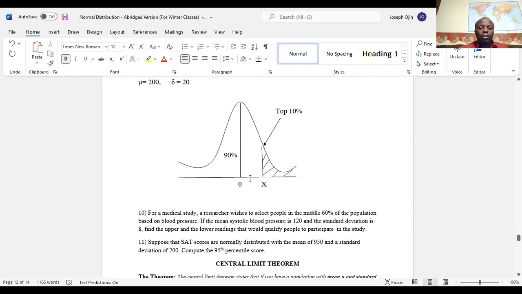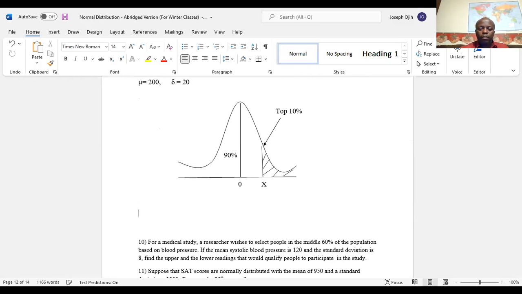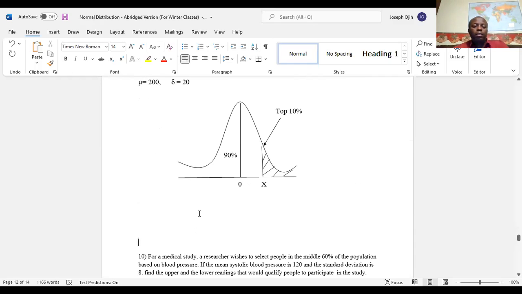Top 10%. Now, to get Z, 10% is 0.1. Because it is at the tail, go 0.5 minus 0.1, I mean 10%, which is 0.1, which gives us 0.4.